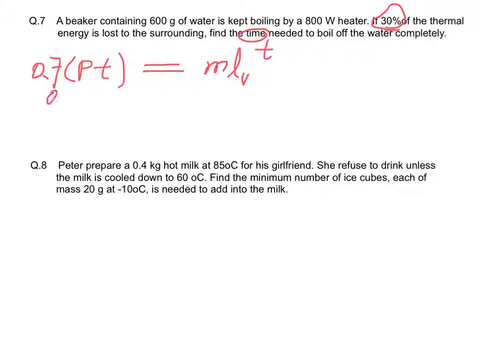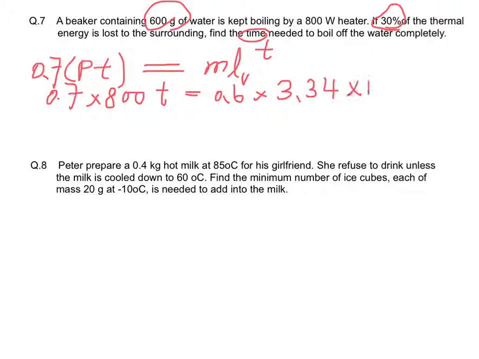Hence, 0.7 times power, which is 800, and the time is T, equals the mass, which is 600 gram, which is 0.6 kilogram, times L_V, which is 3.34 times 10 to the power 6. The time needed is equal to 3,578 seconds.